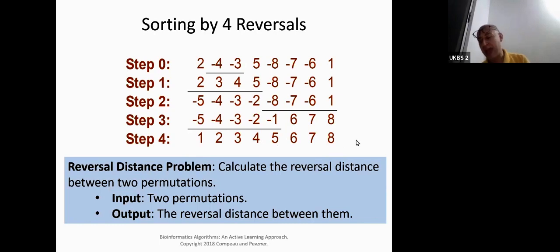Now we have the reversal distance problem. How to calculate the reversal distance between two permutations? As input, we have two permutations, and as output, we have the reversal distance between them.